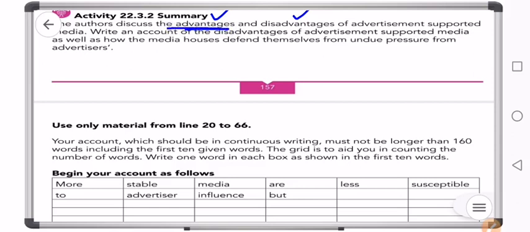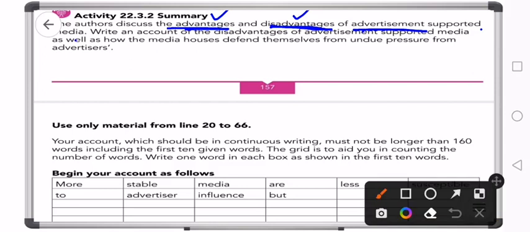They were also discussing the disadvantages of what? Of advertisement supported media. So the passage was about the advantages and the disadvantages of what? Of advertisement.